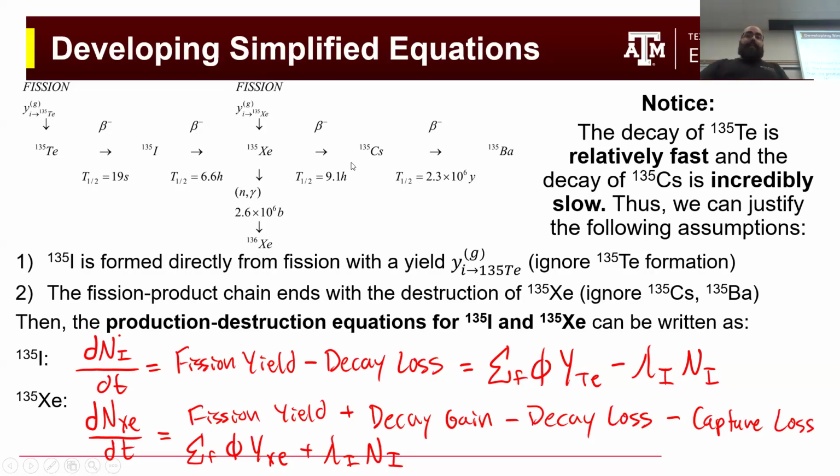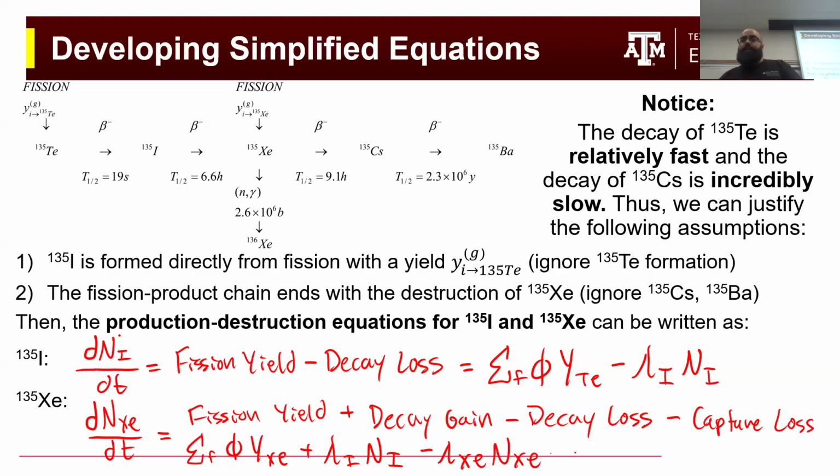Xenon gets lost from decay as well. So there's going to be a decay loss that looks like lambda for xenon times the number density for xenon. That would be my decay loss. And then the capture loss is going to look like basically a capture rate density. So it's going to look like a number density times a micro cross section for xenon times a flux.